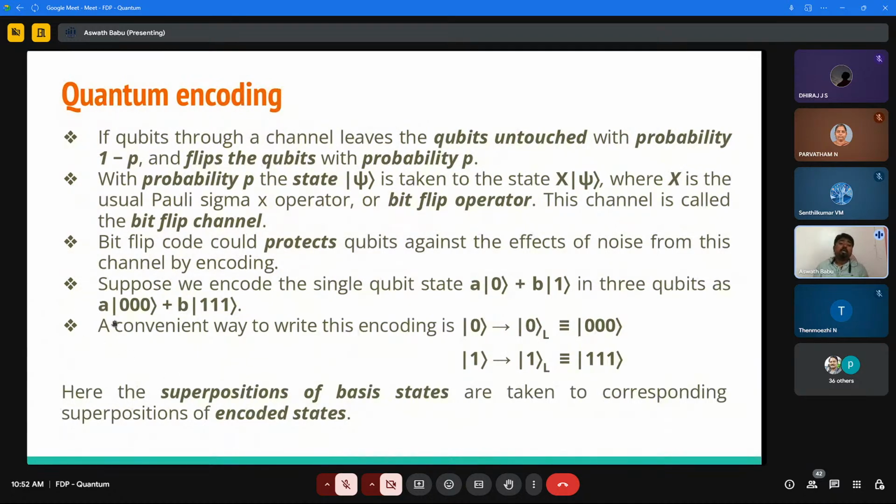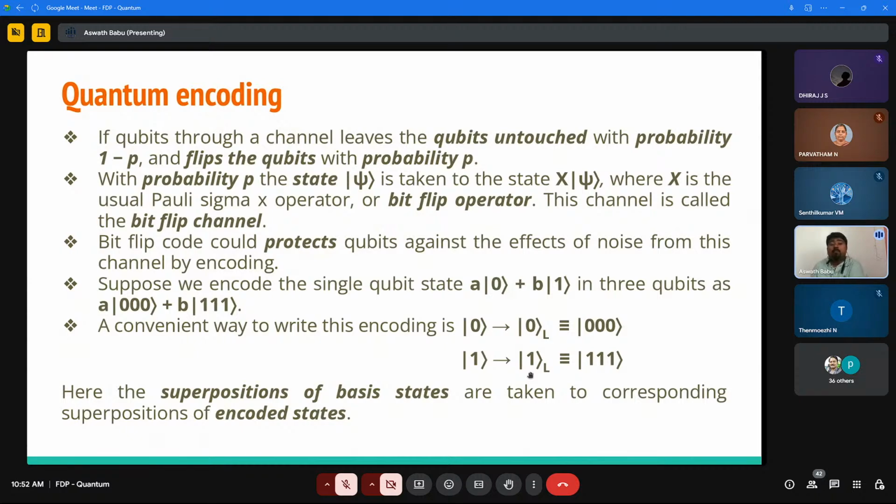Here you see three qubits, and all three can exist in a superposition state with the probability amplitudes A and B. I am calling all three zero bits a logical zero ket, and all three one bits a logical ket one.